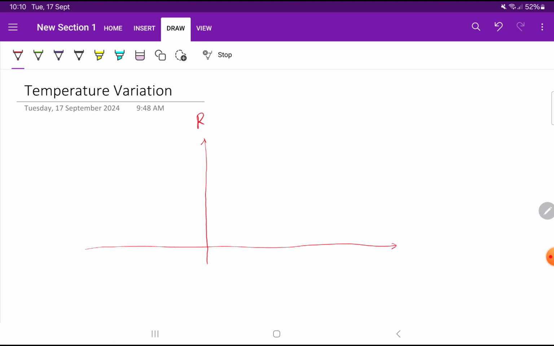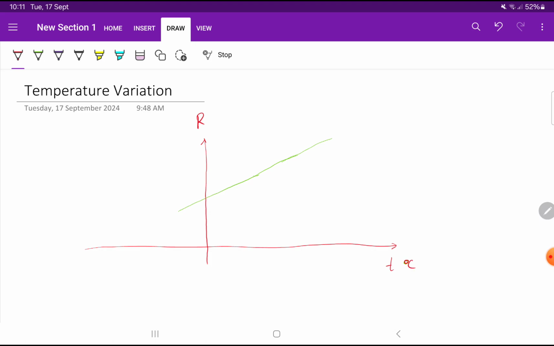If this is R, our y-axis is the resistance, and our x-axis is the temperature, in degrees Celsius. They changed the temperature and measured the actual resistance of the material. Initially, the relationship is just a straight line.